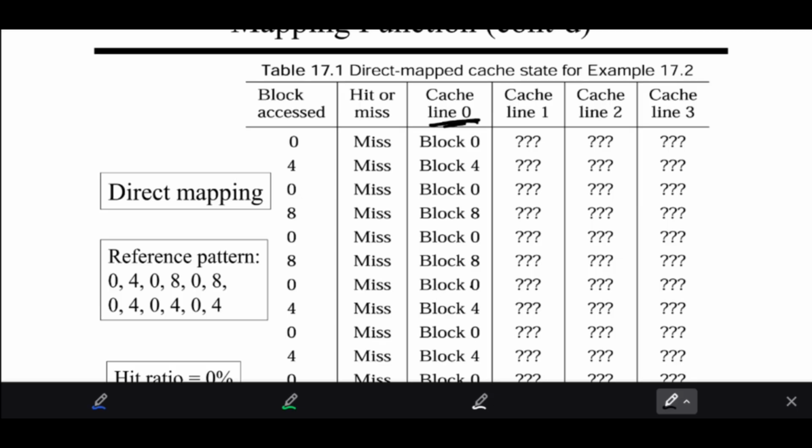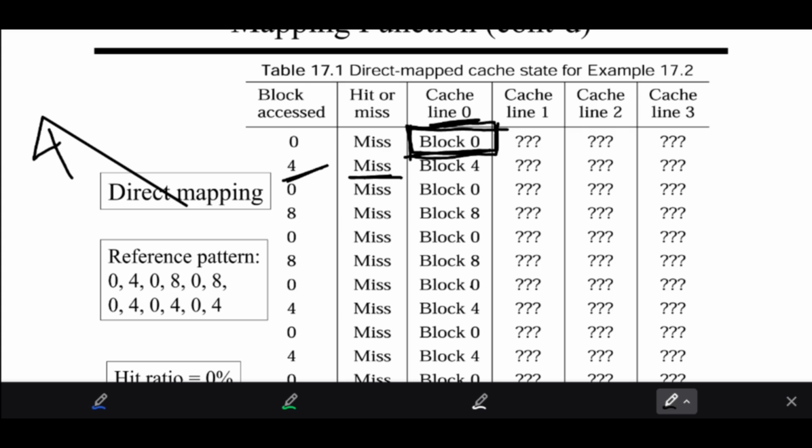Then our CPU requests block 4. Then what happened? Block 0 is already inside our cache, but we are requesting block 4. Block 4 is not inside the cache, so there will be a miss. While there is a miss, block 4 has to be stored in the cache memory, so it has to be mapped.